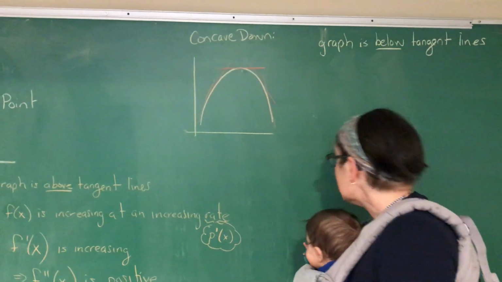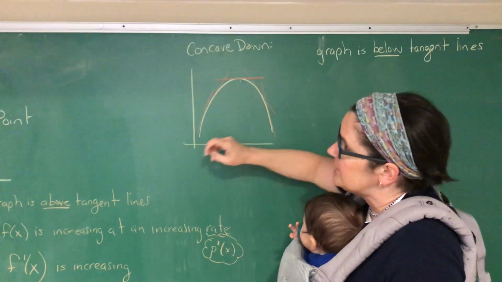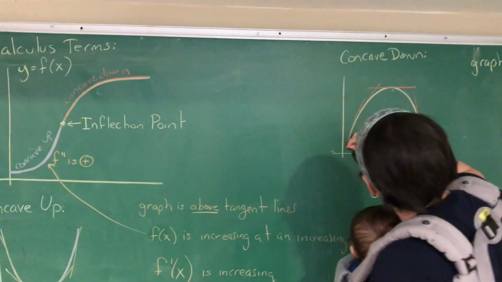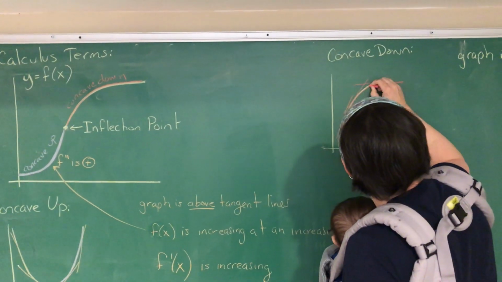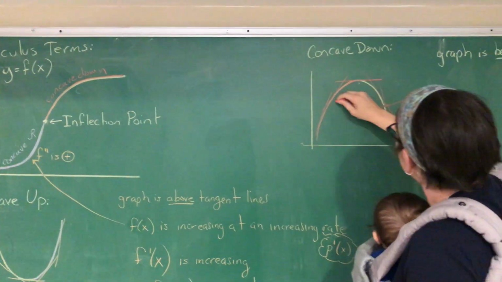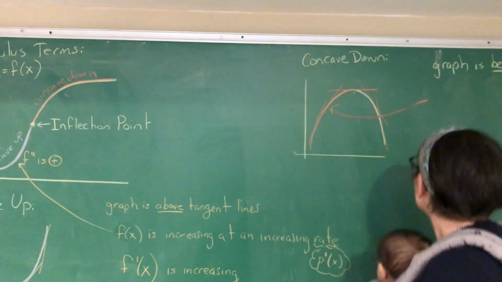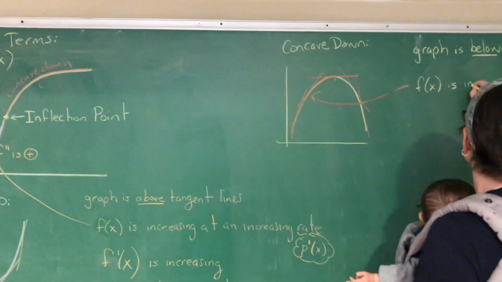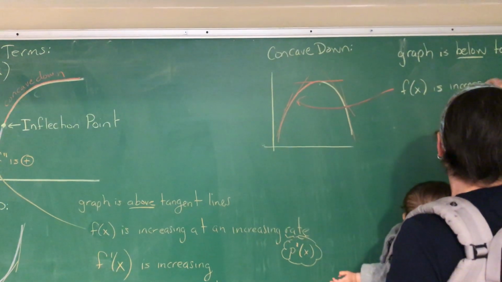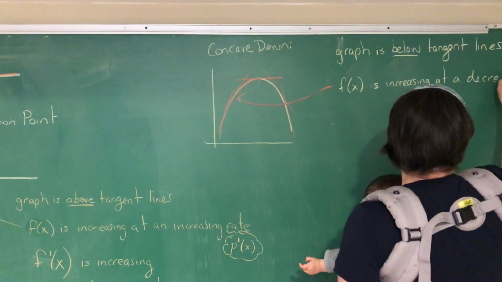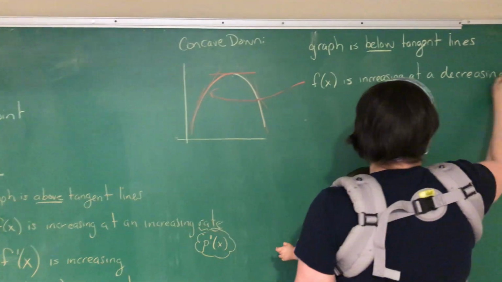Now, if I look at the portion of this concave down graph that matches the shape on our original function over here, that's kind of the first half. And on that first half of the graph, our function, f of x, is increasing at a decreasing rate.